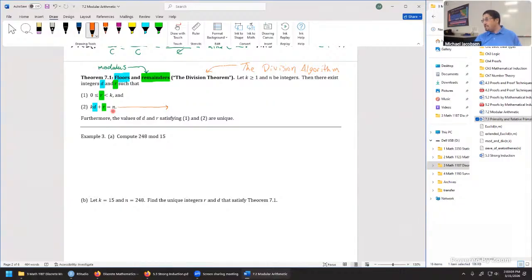So if you rewrite this as n divided by k, you're allowed to, since k is greater than or equal to 1, so no division by 0. What you would get is the quotient plus the remainder still divided by k. Excuse me, I said that weird. K is the divisor, d is the quotient, n is the dividend.